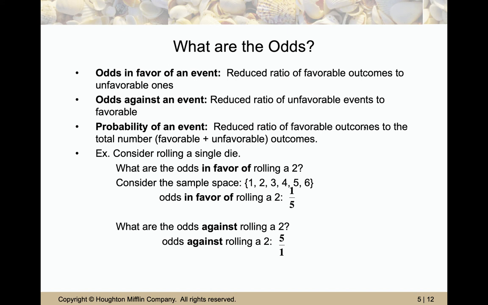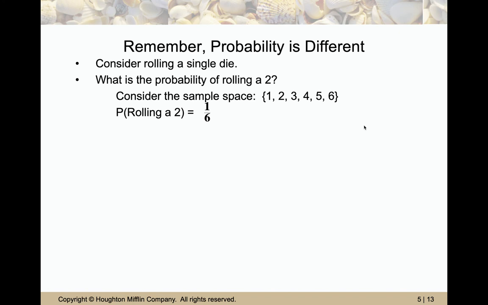The 5 for the odds is the total number of ways to not get a 2. What are the odds against rolling a 2? They're going to be 5 to 1. We don't ever reduce that down to a whole number. We write it as 5 over 1. So again, probability is different. When we look at our sample space and we want the probability of rolling a 2, we note that there's one way to get a 2 out of 6 total outcomes.